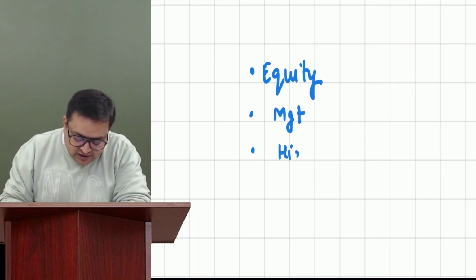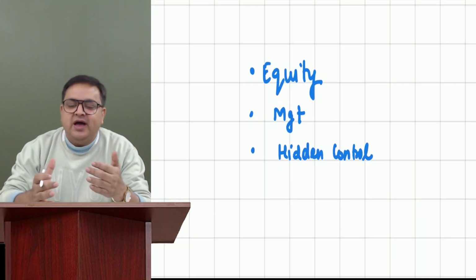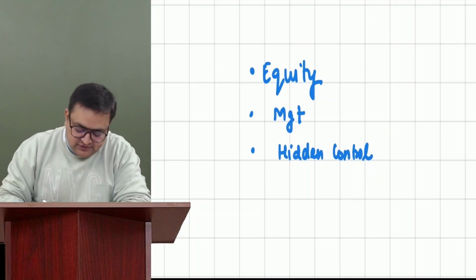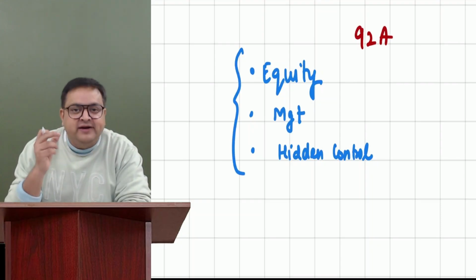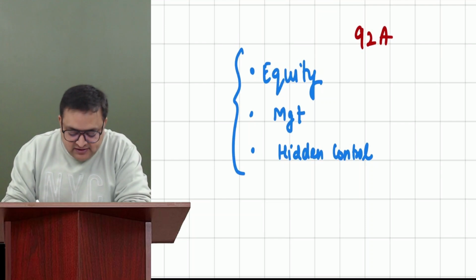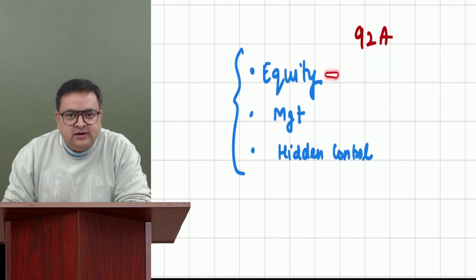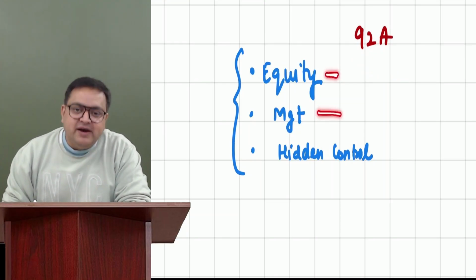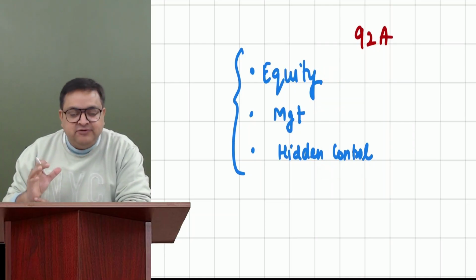If you have a hidden control, which we cannot see prima facie, but you have actually applied some hidden control, then also you become an associated enterprise. So when I discuss this section 92A, associated enterprises, you will see that either you are holding a substantial amount of equity of the other enterprise, or you are controlling its management, or there is some hidden control which we are not able to see.